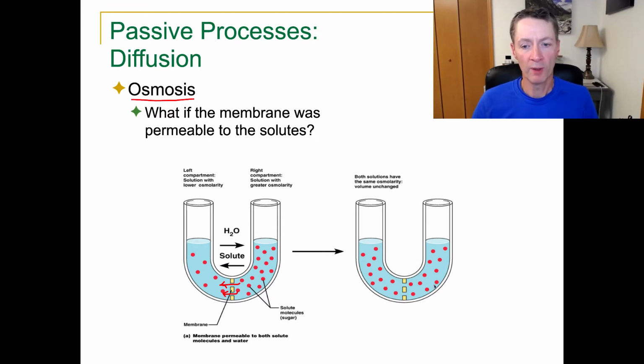We would have a movement of those solutes. If there are channels open for sodium, this is how it would work, right? And it would go until the two sides were equal, okay? This is not osmosis because it would be the movement of the solutes, not the water, right? So if these were permeable to the solutes, the salt would move, and this would make the two concentrations equal.